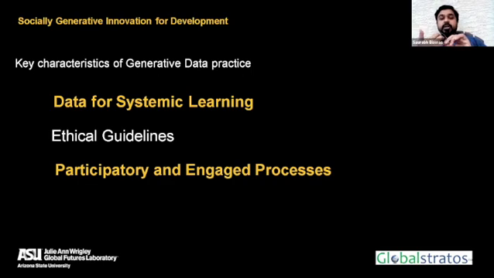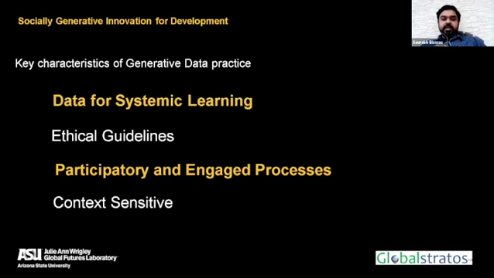Then we touched upon the very important aspect of why participatory and engaged processes are necessary for data to be generative. This involves understanding our role as researchers, understanding the context, positionality, and the cultural attributes of people, and this will not happen unless there is deep engagement and participation of a diverse variety of people in the data process.